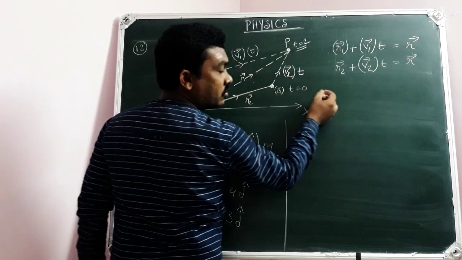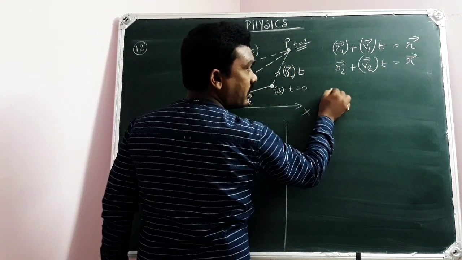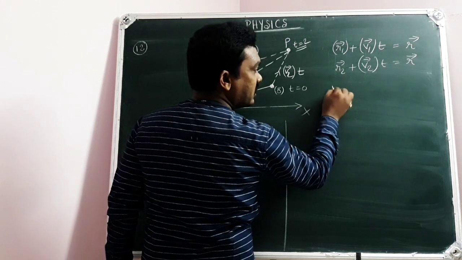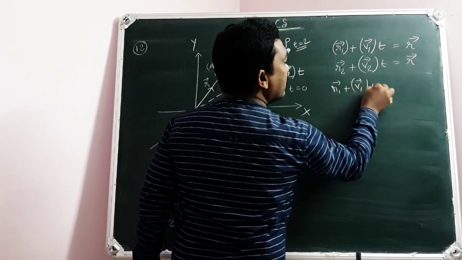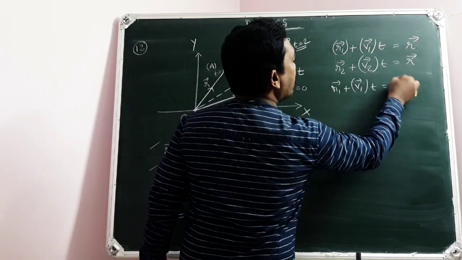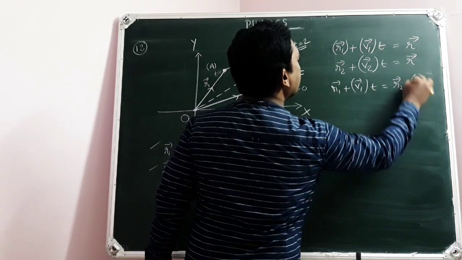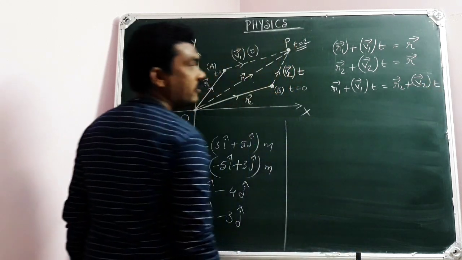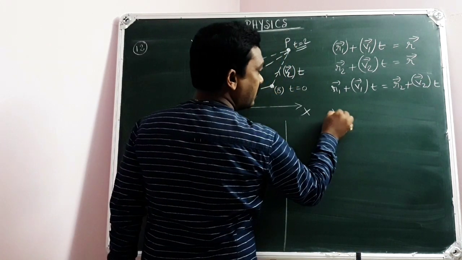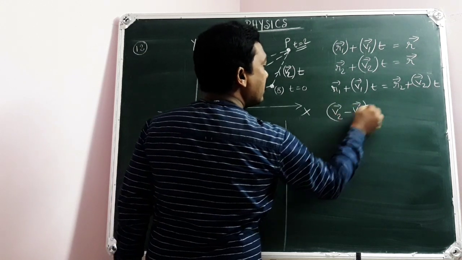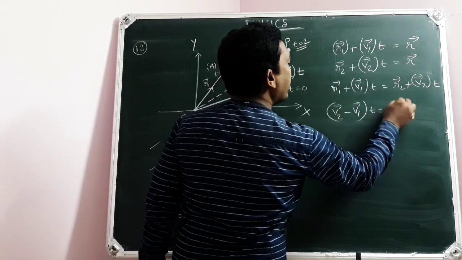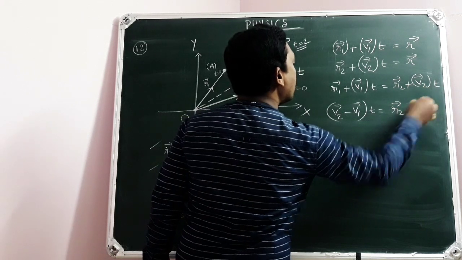So I can equalize these two. So my equation is going to be, hope you are all following, I am equalizing r1 bar plus v1 bar into t equal to r2 bar plus v2 bar into t. If I am going to rewrite this equation, v2 bar minus v1 bar into t equal to r2 bar minus r1 bar.